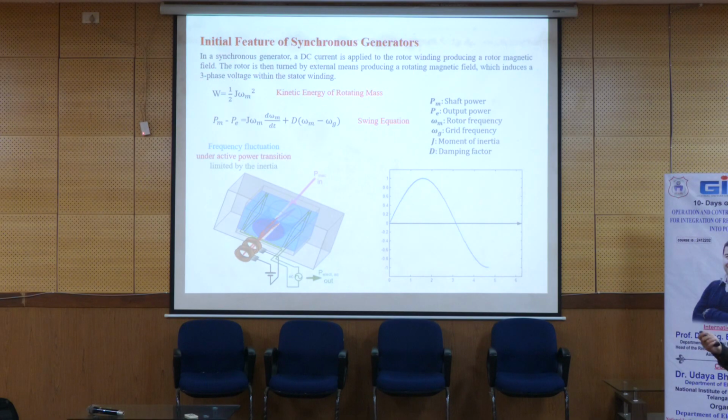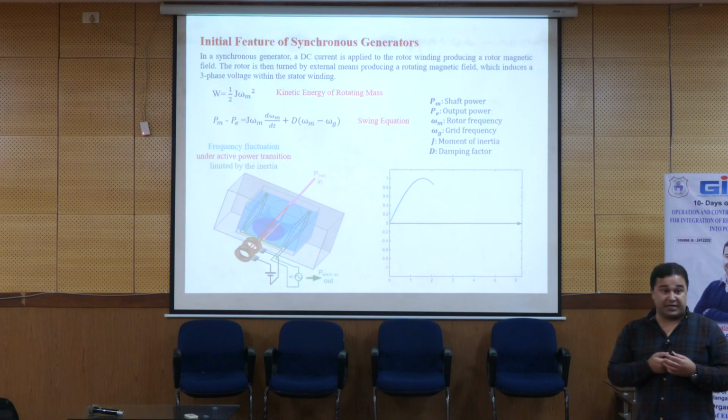So our input is mechanical and the output is electrical, equal to J omega d omega/dt plus D times delta omega.